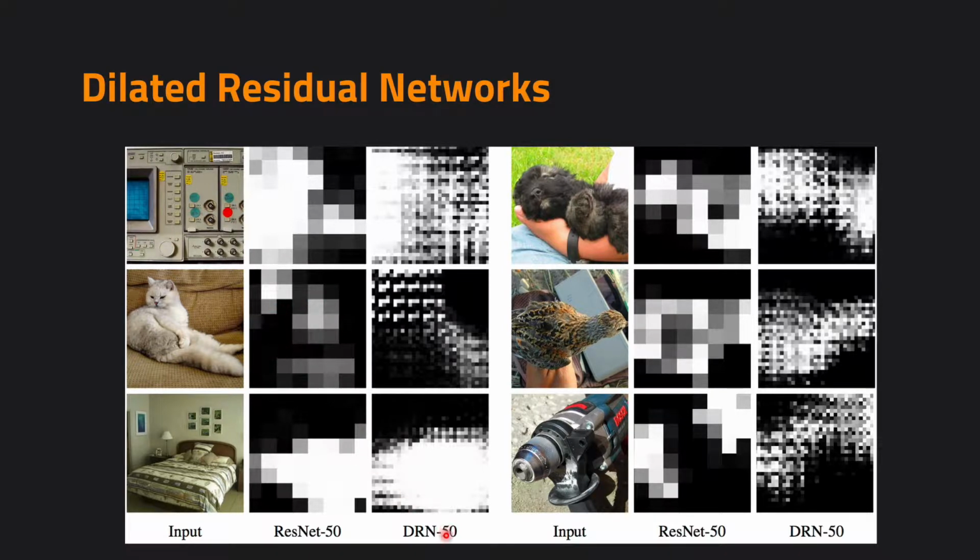On the other hand, if we use a dilated residual network, which only downsamples the image by a ratio of 8, then we see a much more detailed class response at each location of the feature map, and it directly corresponds back to the original image. It is the same for the other image. For example, for this animal, we get a rough idea about the boundary of the animal.